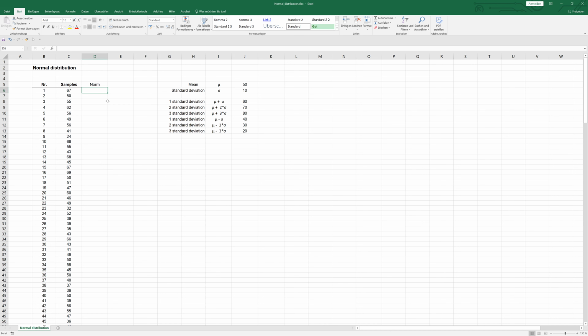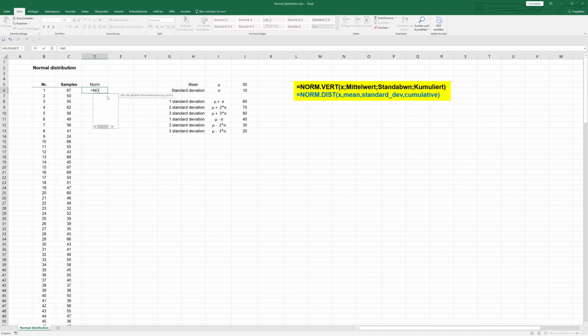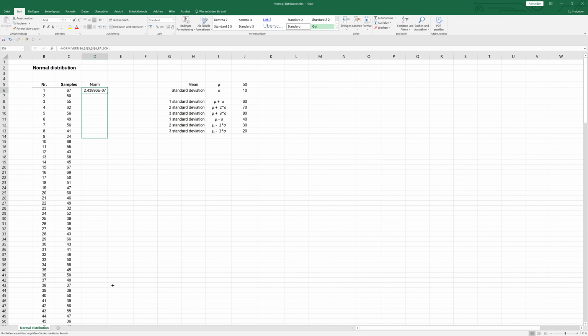Now to normal distribution. The function in Excel for this, you can see in the yellow note, is the same as Formula 1. You can also use Formula 1 for this. I create the normal distribution of my data.